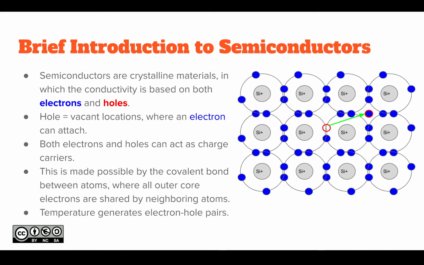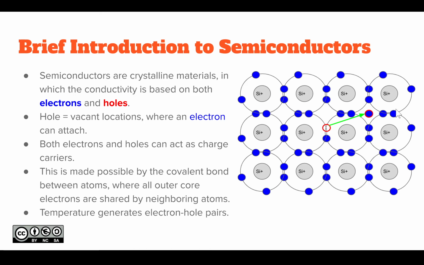Charge carrier is moving. The same way, if another electron hole pair generates, there's a vacancy, and this electron can jump to the existing hole.